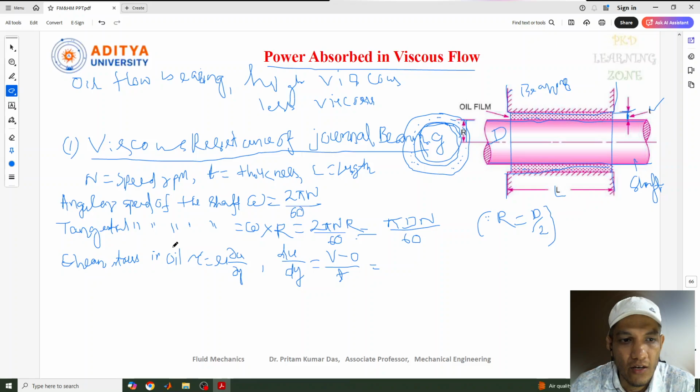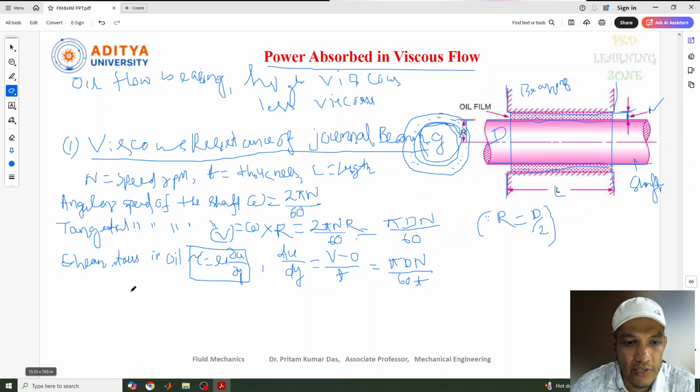V is the tangential speed we got, so du by dy is pi d N by 60 t. Now put this value in the shear stress equation: tau equal to mu into du by dy, so tau equals mu pi d N by 60 t. This is the shear stress.